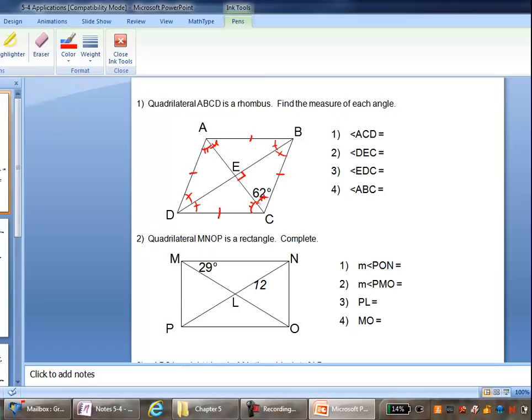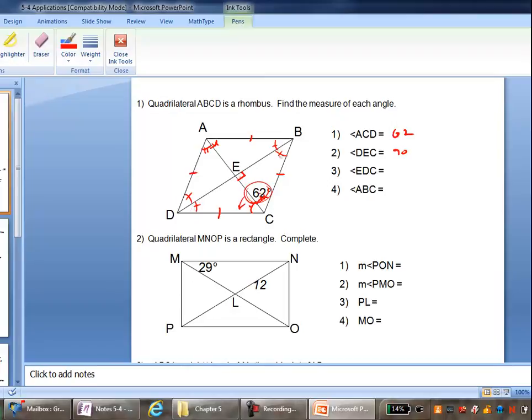So what we have is ACD, this angle down here, because this one's 62, the one right next to it should be 62. DEC is in the middle, it's a right angle, always. EDC is this one down here. If we can find out one of these two, we know both of these two.